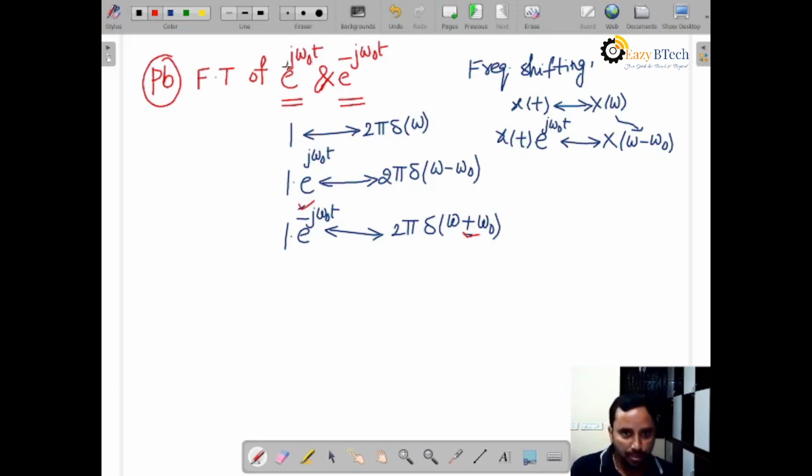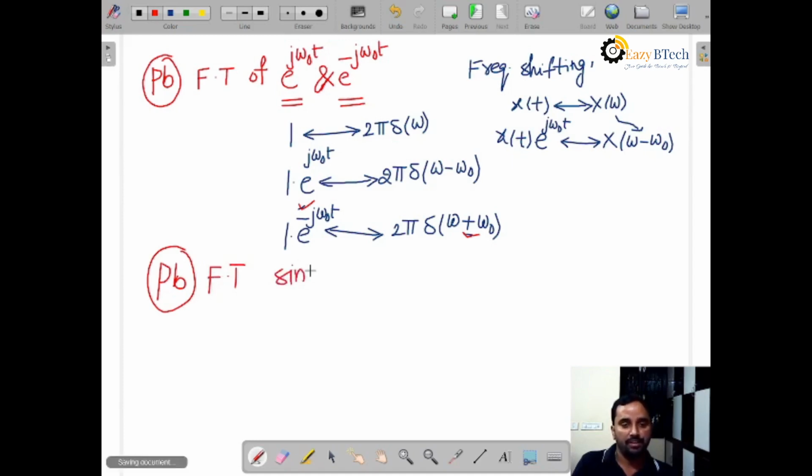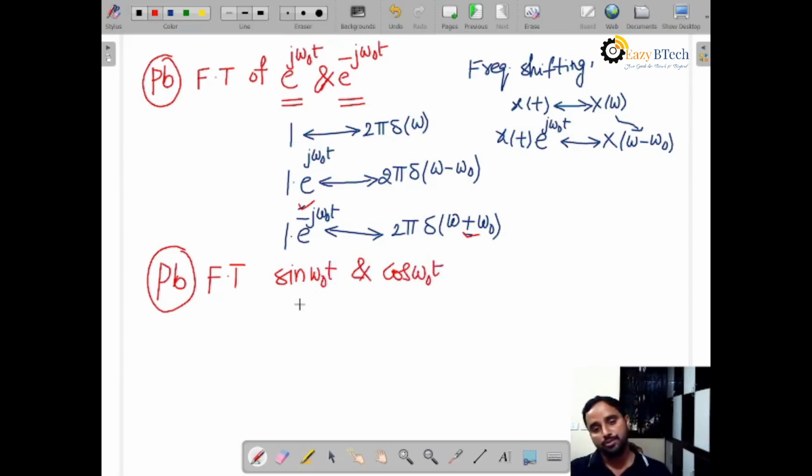So using these two, we can do the Fourier transform of sine and cos functions. So now the problem is the Fourier transform of sine omega naught t and cos omega naught t. How to do it? Very simple.